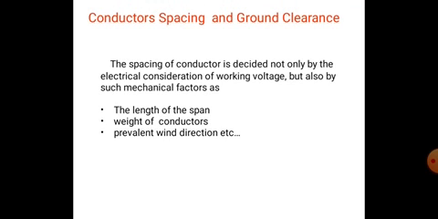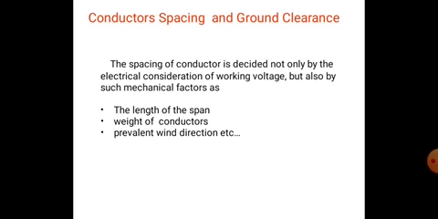And the spacing of the conductor is decided not only by the electrical consideration of working voltage but also by some mechanical factors, and the voltage level of the conductors plays a crucial role in determining the conductor spacing.